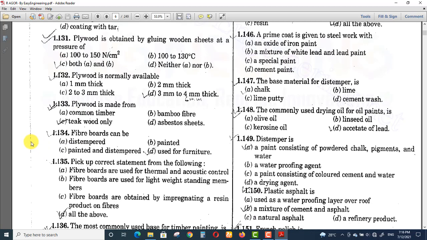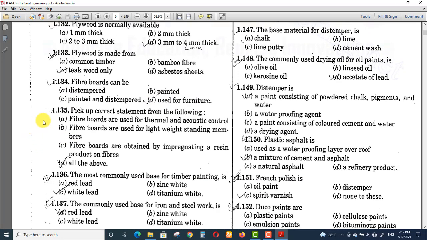Next question, fiber boards can be used for furnitures. Obviously, fiber board is related to timber. It is not going to be used for any sort of oil paint or distemper paints. So the option which makes sense is using it for furnitures.